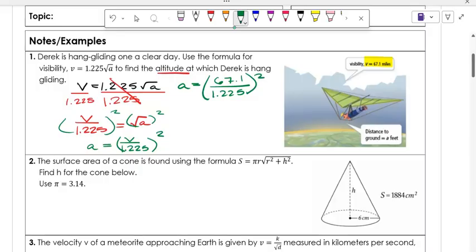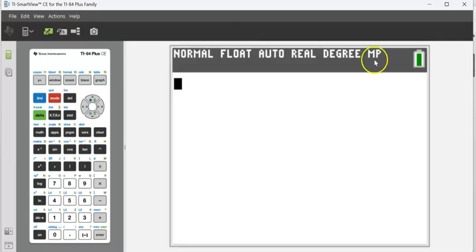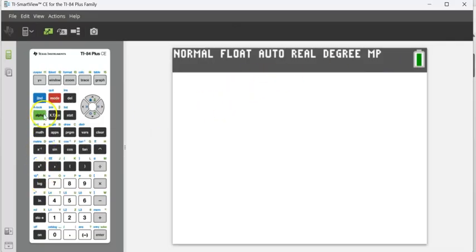So I can put that into my calculator. I'm going to use parentheses, get my calculator and my fraction, and then I'm going to type 67.1 over 1.225. Oops, drop the 5. There we go. And parenthesis and squared.